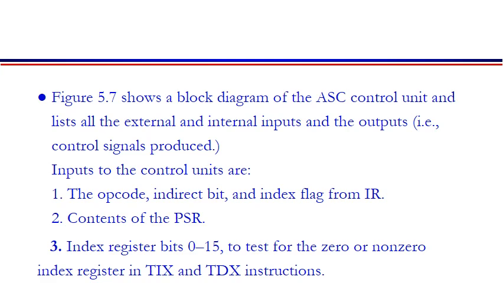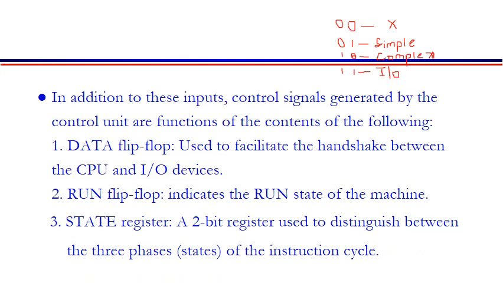And the third one is the data contents of index register 1, index register 2, and index register 3. Within the control unit, we have three main blocks. One is the data flip-flop. Data is composed of flip-flops.